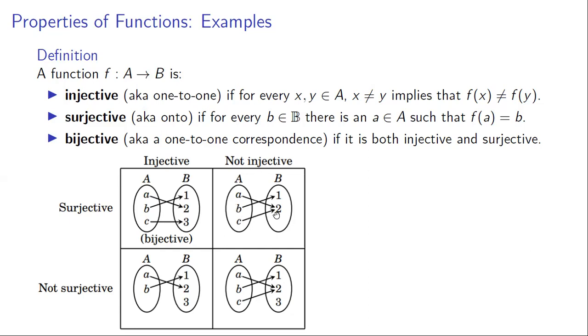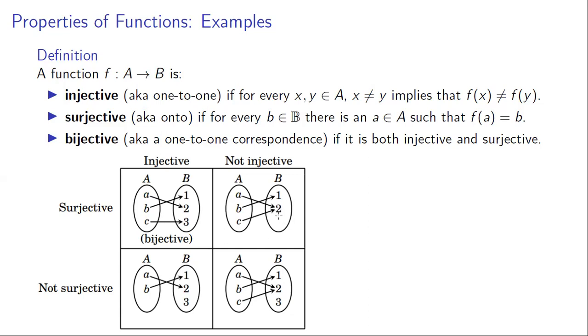Well, you see here that there are two different inputs, namely A and C, that lead to a single output, 2. So it's still a function because every input leads to exactly one output. Right? So we see A, B, and C, each of them lead to exactly one output. But if you look at the outputs, there is an output here, this 2, that has 2 inputs going to it.